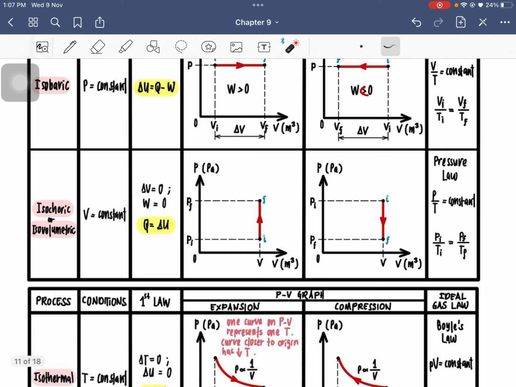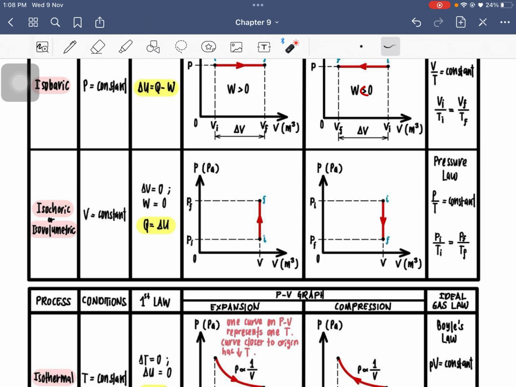Next we have isochoric, also known as isovolumetric. This one is when the volume is constant. When volume is constant, there is no change in volume, so work done should be equal to 0. The first law of thermodynamics becomes Q equal to delta U only. So the heat transfer should be equal to the change in the internal energy.